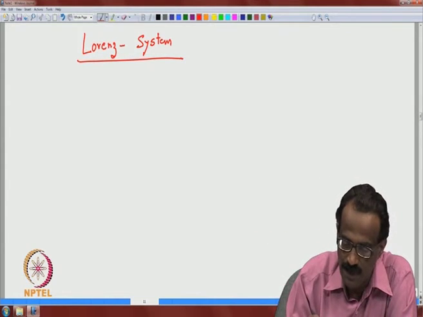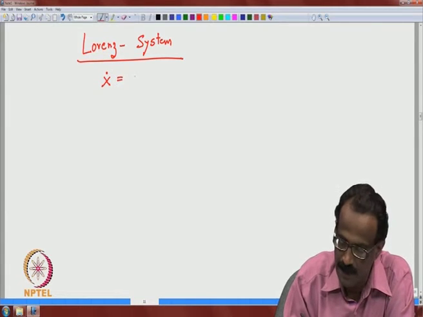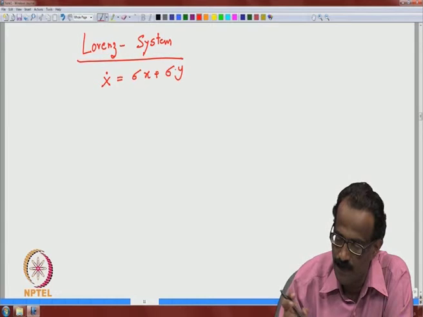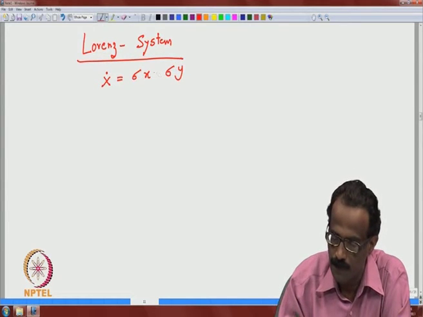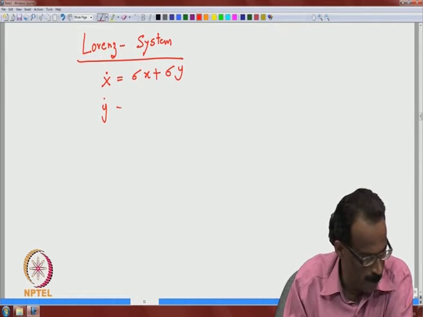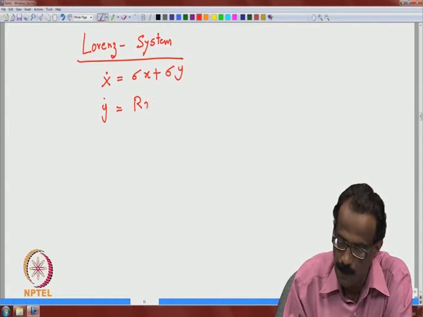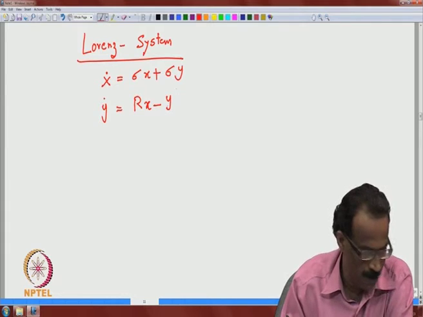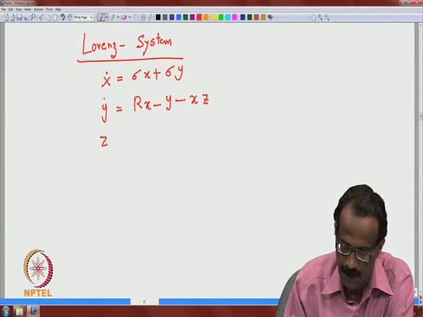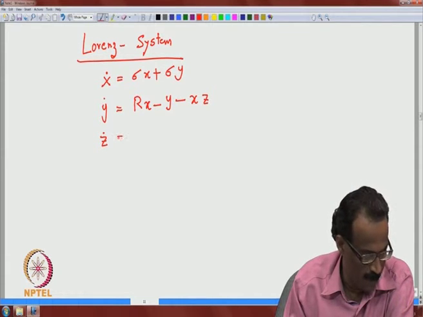Let me just write it down: x dot is equal to minus sigma x plus sigma y, and then y dot is equal to Rx minus y minus xz, and z dot is equal to minus bz.